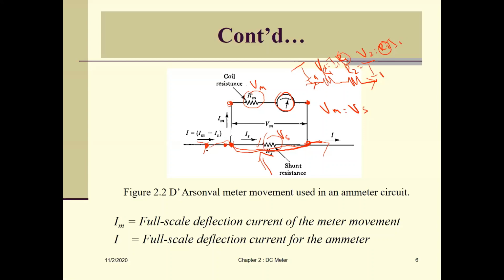Then we can measure the current. If we put it like this, with one point here and another here, it will be a short circuit, so maybe our digital meter will be broken.